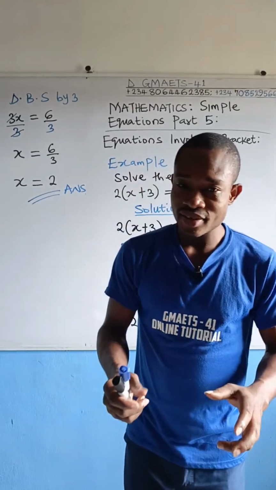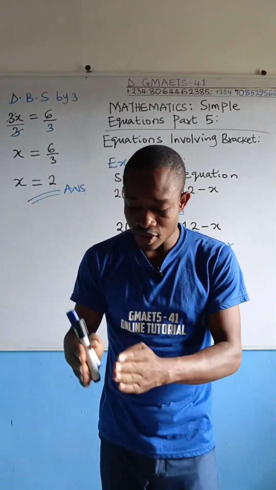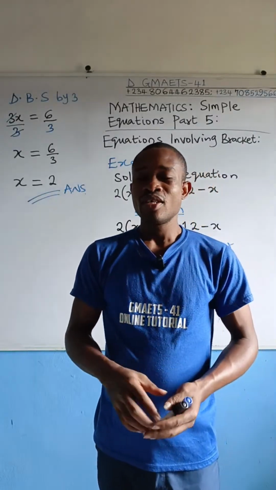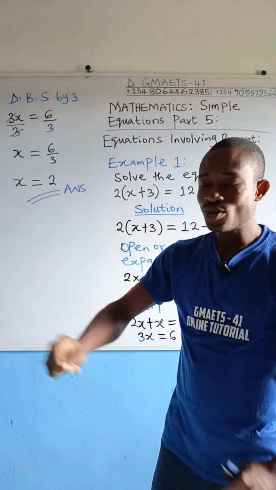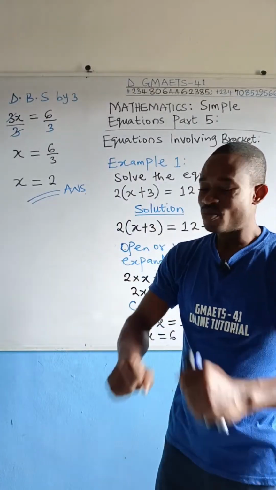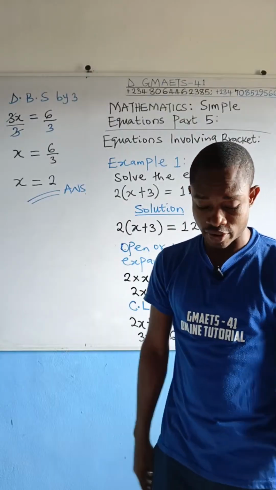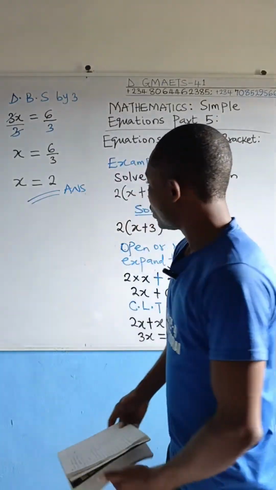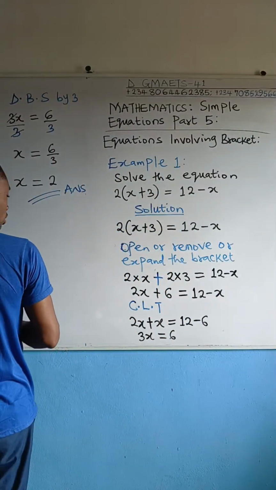See, maths will help to develop your brain. All these little things you are learning now help to develop your brain. When you go to higher class, you'll be doing wonders in all your subjects. That is the secret. Okay, let's move on to question number 2.